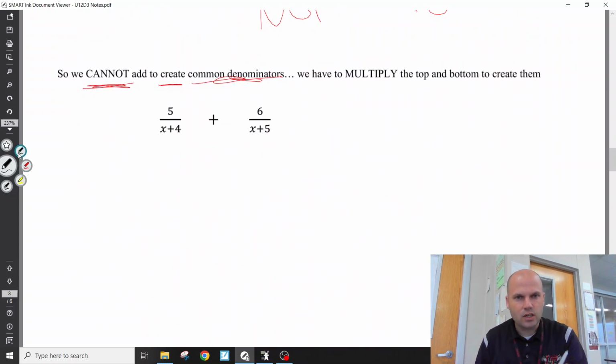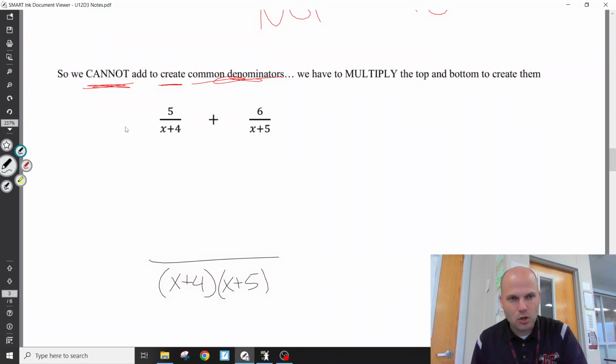So what does that look like? The common denominator is actually going to be the product of x plus 4 times x plus 5. I'm going to multiply this by x plus 5 and this by x plus 5. I'm going to multiply this by x plus 4 and x plus 4.